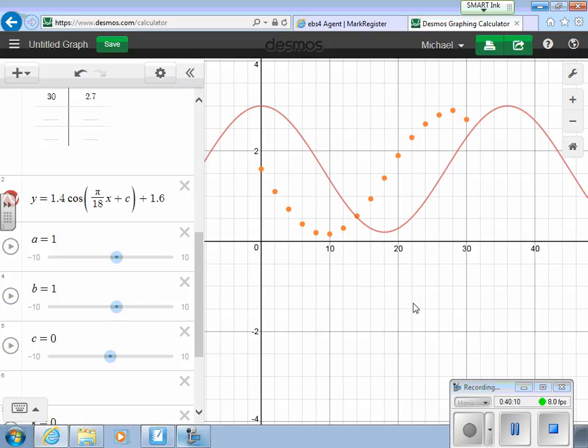So, lastly, how can we deal with the phase shift? Is the red line, the function line, currently leading or lagging the data in terms of time?